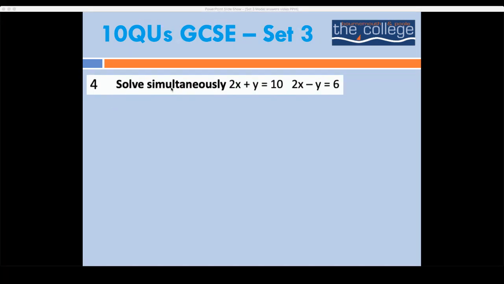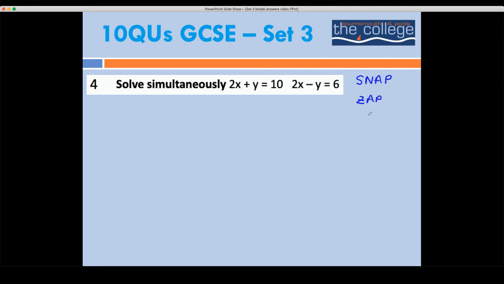Okay, so simultaneous equation here. We are looking, first of all, to find a matching set of terms. So this is just one way of dealing with it. We can say we want to find a snap. That's our first step. Once we've got that snap, we are going to, what I call, zap the matching bits.